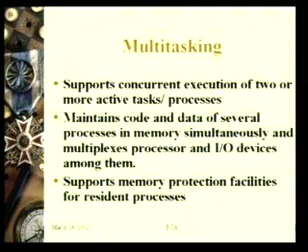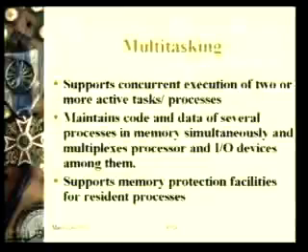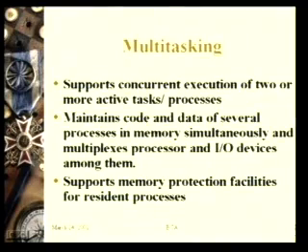Now, one of the things which we always talk about in the operating system is multitasking. What is multitasking? It supports concurrent execution of two or more active tasks or processes, maintains code and data of several processes in memory simultaneously and multiplexes the processor and I/O devices among them, and supports memory protection facilities for resident processes.